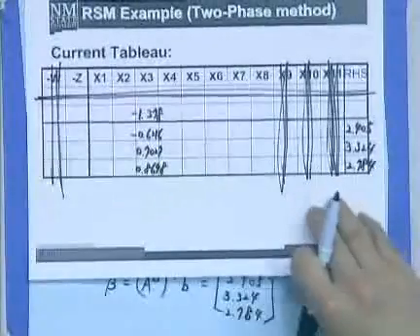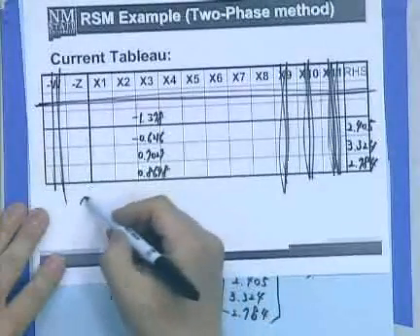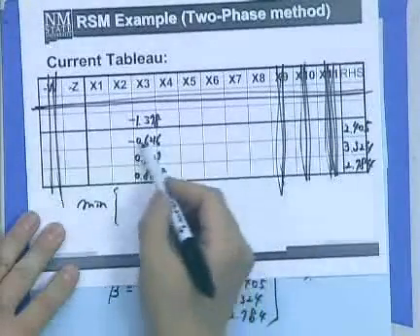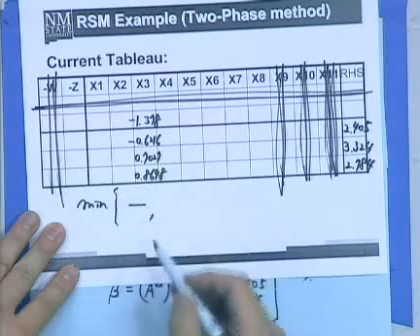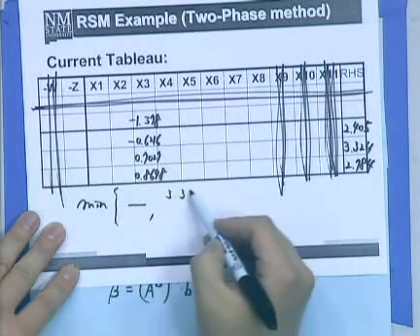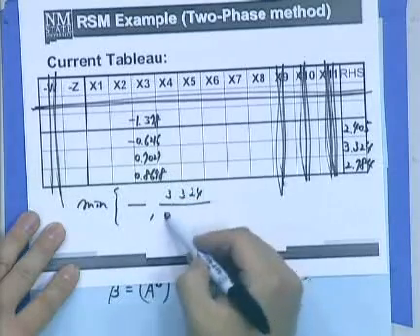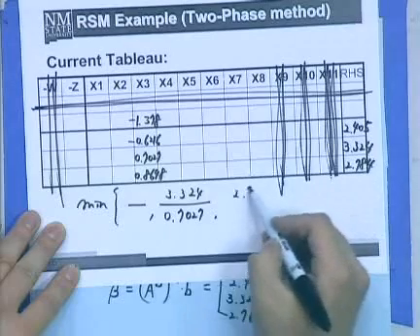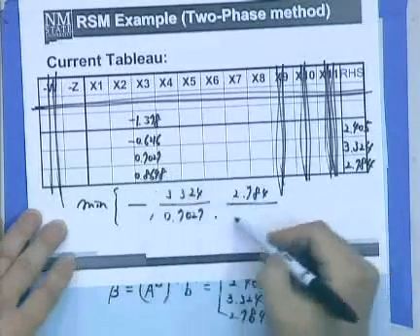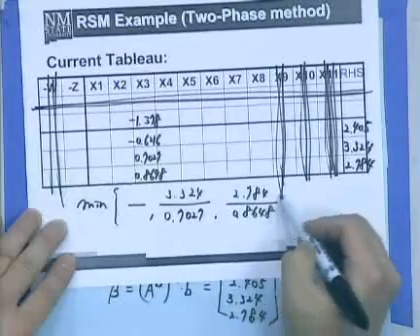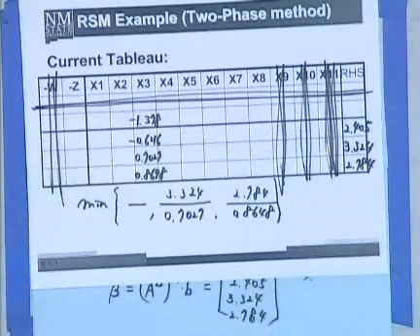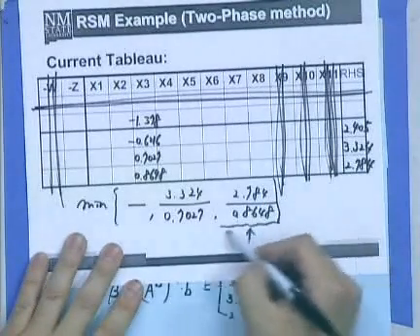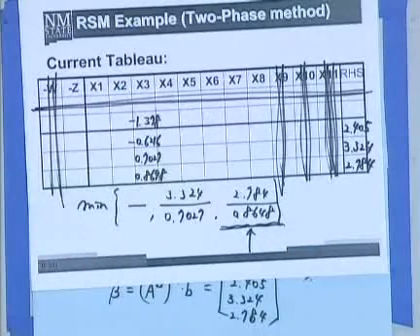And we are able to do the minimum ratio test. The first ratio is discarded because we have a negative value here. The second ratio is 3.324 over 0.7027. The last ratio is 2.784 over 0.8648, right? And I believe the minimum value occurs at the third ratio.